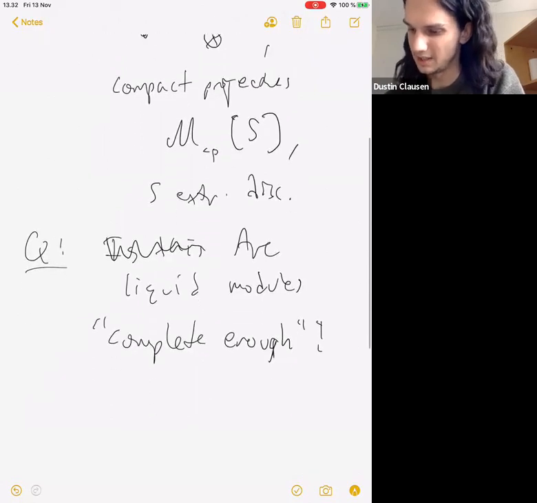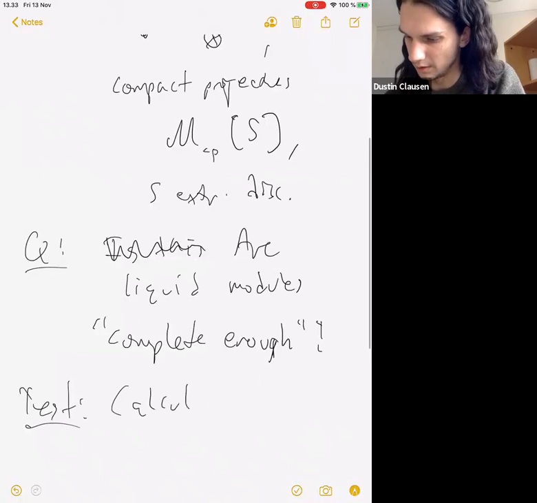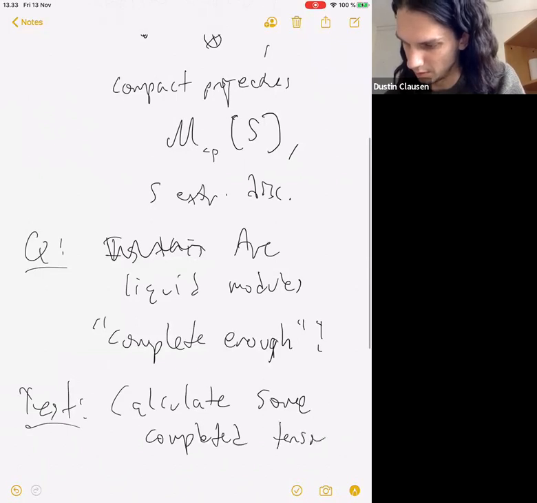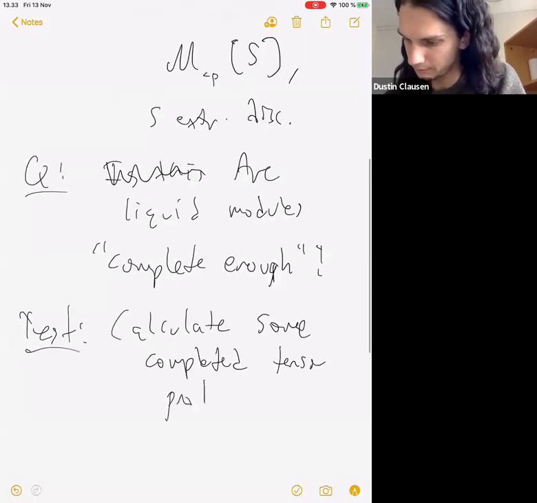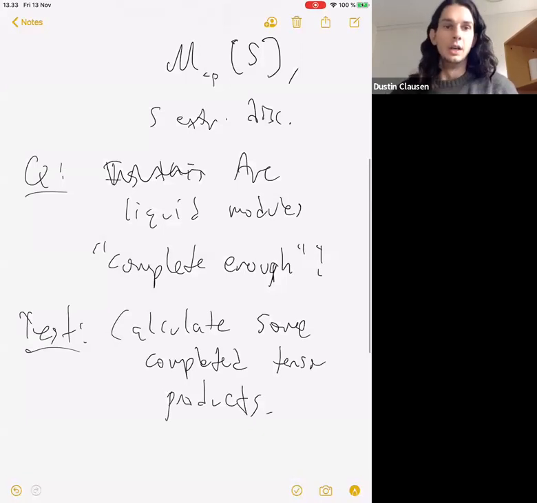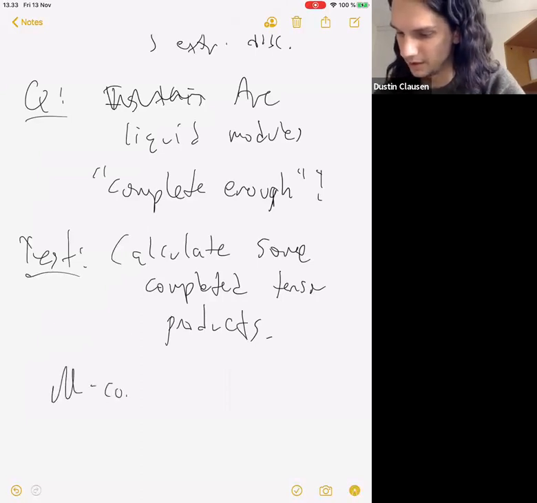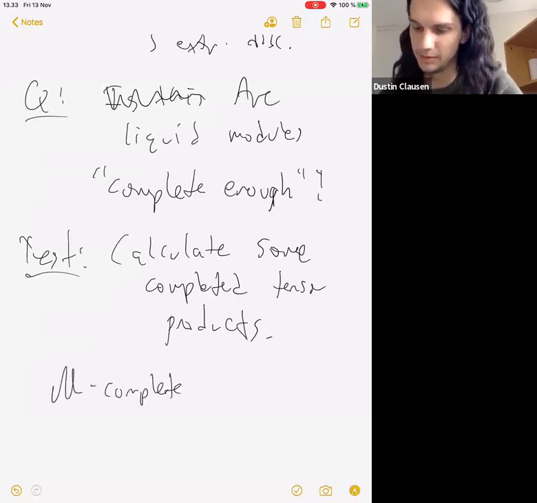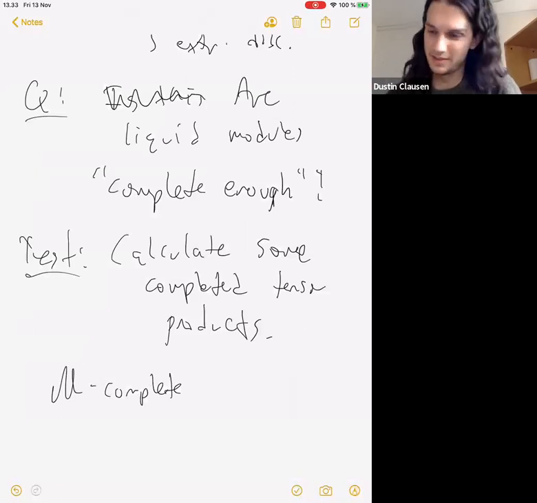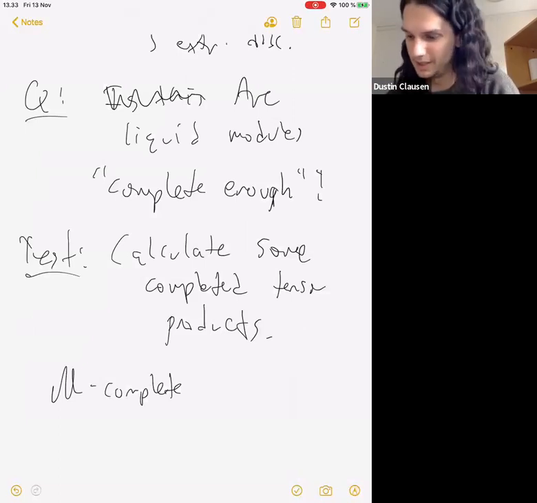And to test this, you have to try to calculate some completed tensor products. So we take some of our favorite, by the way, M-complete. Peter also talked about this notion of M-complete, which is a quasi-separated thing. So it was kind of the analog of liquid if p is equal to 1.